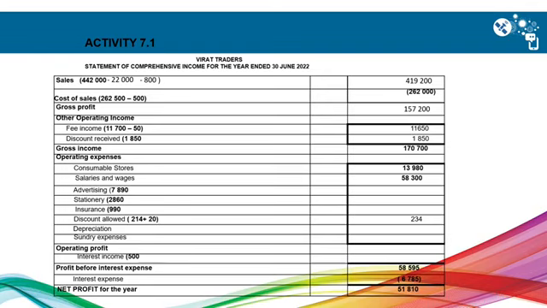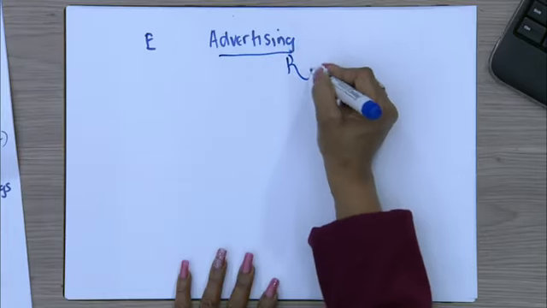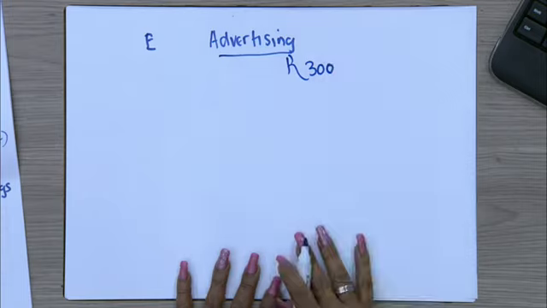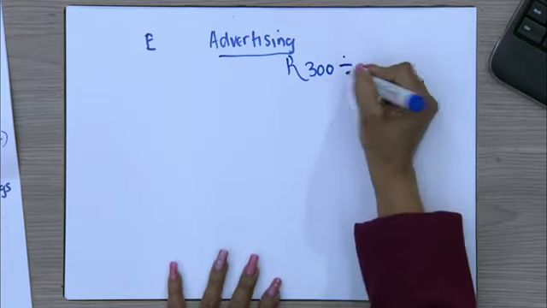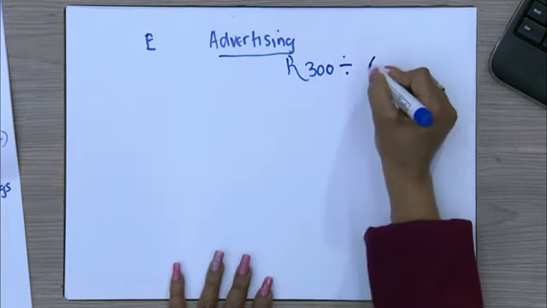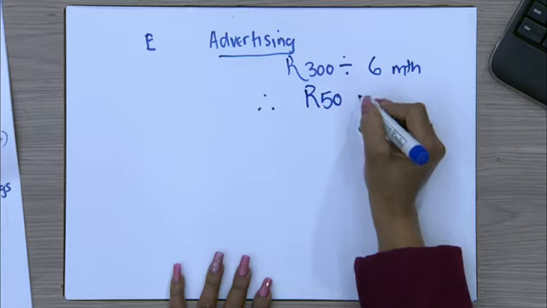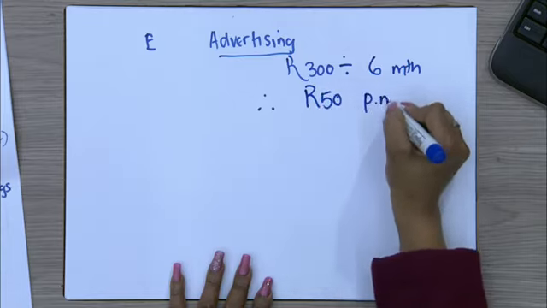So as the adjustments run, ma'am will come and I will fill out and complete till the last column. So my advertising that was paid, the amount is 300 Rand. It's clearly said and indicated that it is for 6 months. Therefore, it's evident that it is 50 Rand per month.